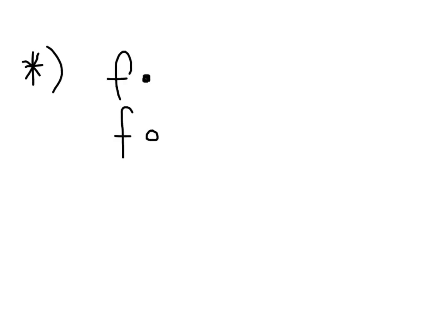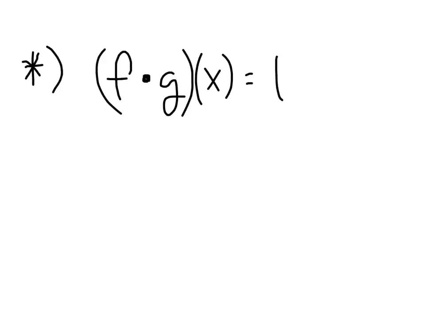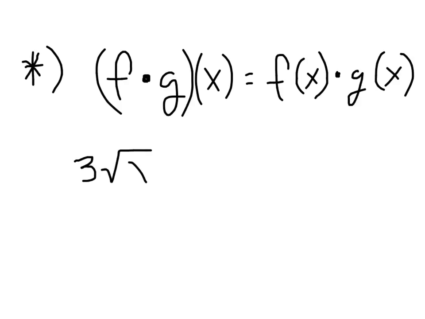Later on, you're going to see this, and that's not multiply. Okay? When it's an open circle as compared to a closed circle. Closed circle means multiply. Open circle means something else. You're going to see that something else later. Like not today, though. Okay? So it would be the same as f of x times g of x. So if the f of x is 3 root x, and the g of x was negative 10 root x, how do you multiply those pieces together?